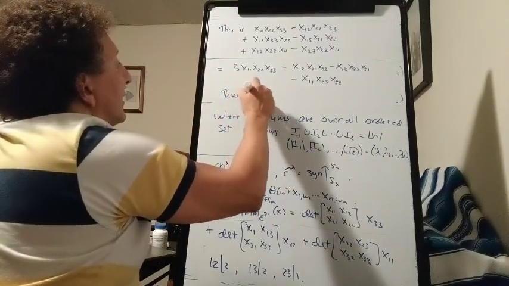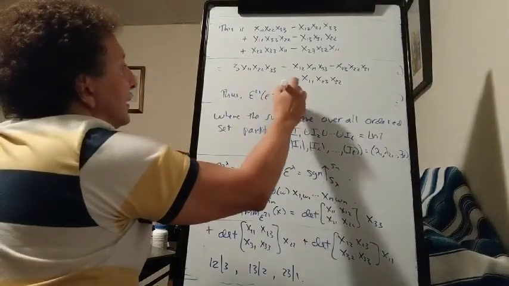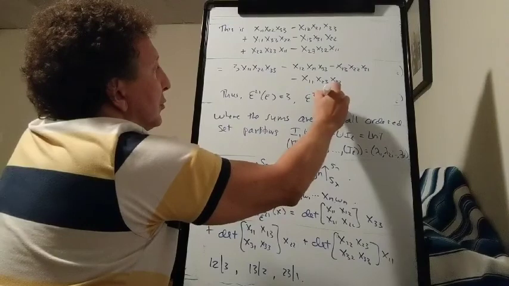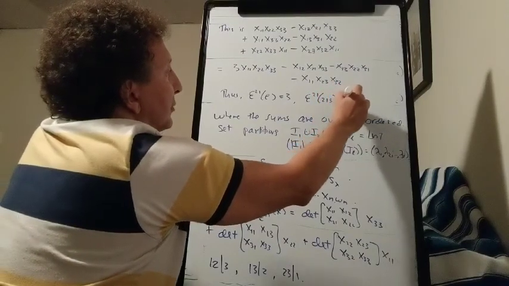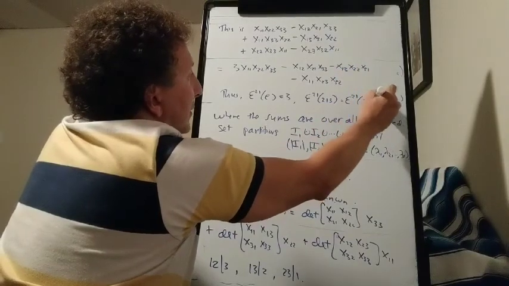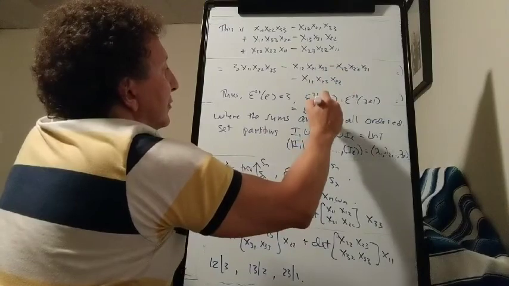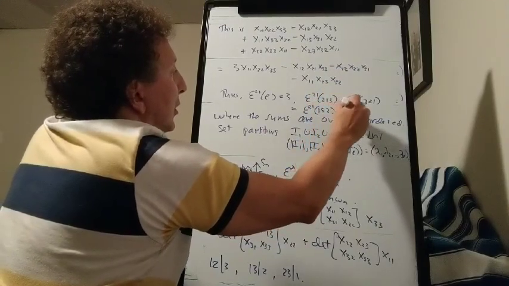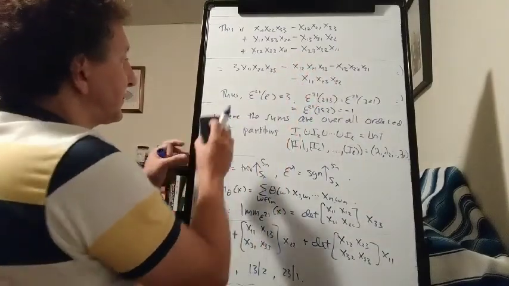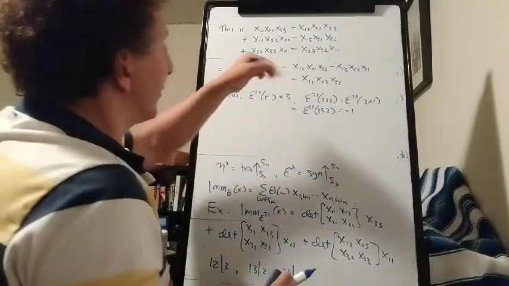So this says that epsilon 2,1 of the identity, 1, 2, 3, is 3. Epsilon 2,1 of 2, 1, 3, and epsilon 2,1 of 3, 2, 1, and epsilon 2,1 of 1, 3, 2 are all negative 1, because their coefficients are negative 1. And of the 6 permutations in S3, only 4 of them appear here.